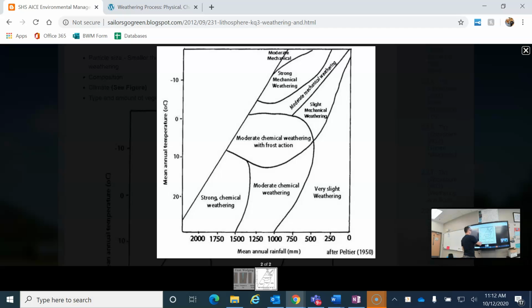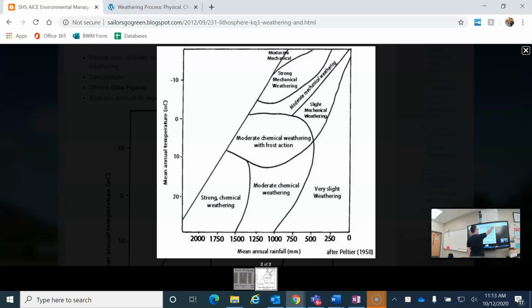So the less rainfall with hot temperatures, hot's down on the bottom here, is not going to have a lot of weathering. However, if you have a lot of rainfall and hot, you get strong chemical weathering because hot and water give you more chemical reactions. However, cold here, and not a lot of rainfall is going to give you mechanical weathering.